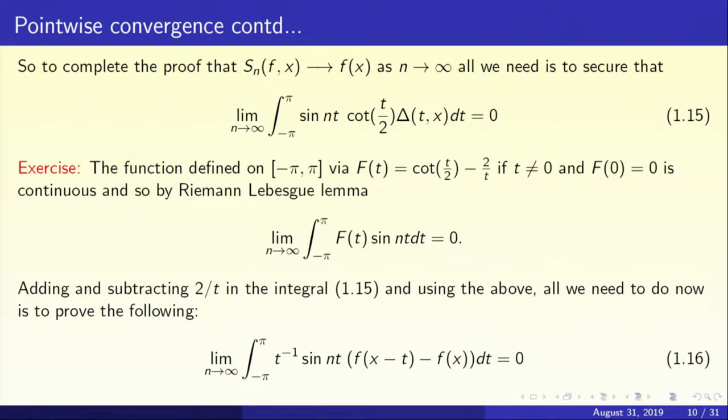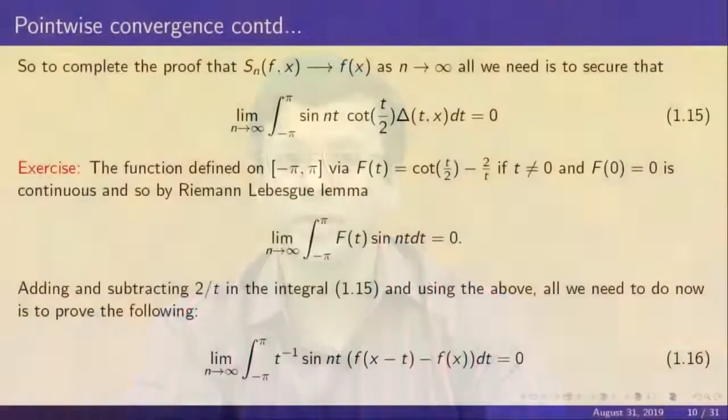In other words, this F of t equal to cot t by 2 minus 2 upon t is continuous at the origin if I define F of 0 to be 0. So with this prescription, we can apply the Riemann Lebesgue lemma: the integral from minus pi to pi of F of t sine nt dt goes to 0 as n tends to infinity.